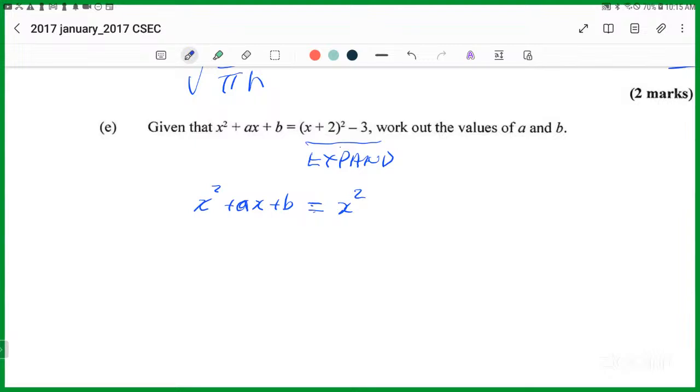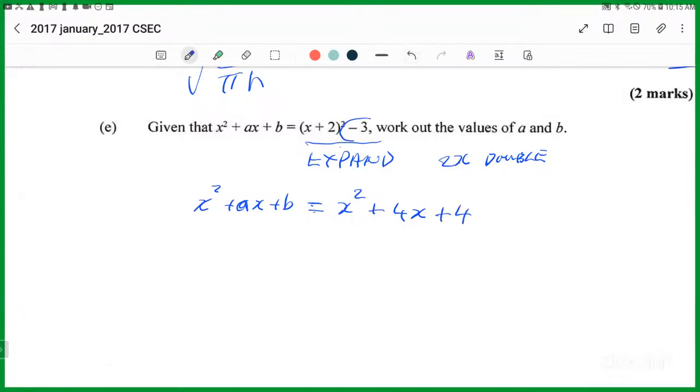Then it's twice the product of the two things, meaning you multiply the x times the 2, which is 2x, and then you double it. The 2x doubled is 4x, the middle term. So you multiply them first, and then you double the result to get the middle term. And then you square the 2, and when you square the 2, you get 4.